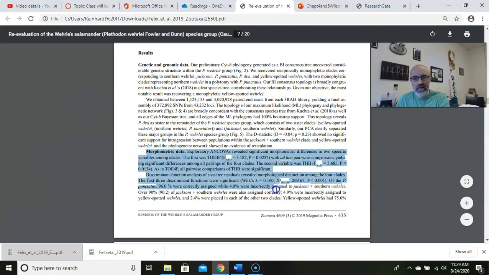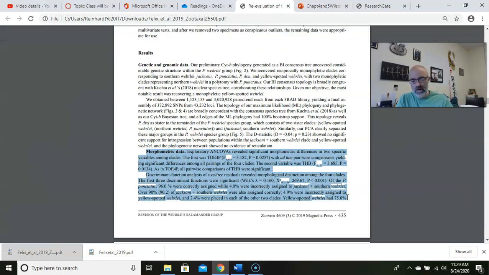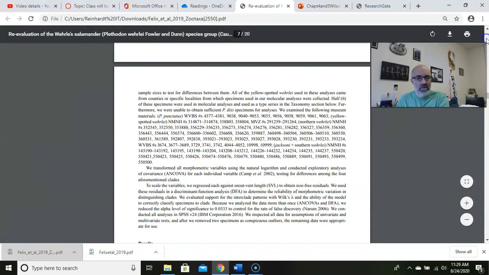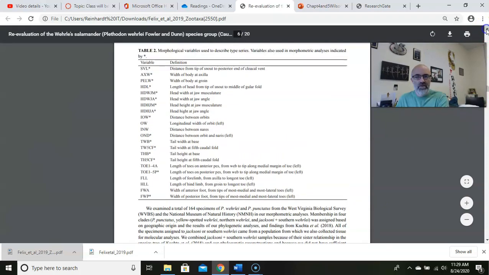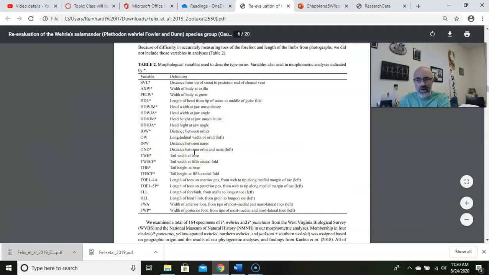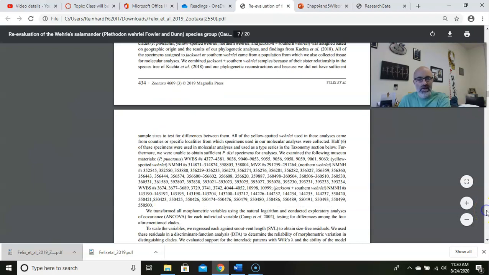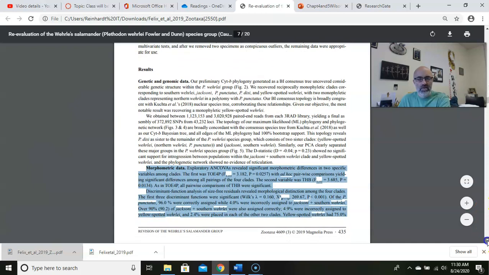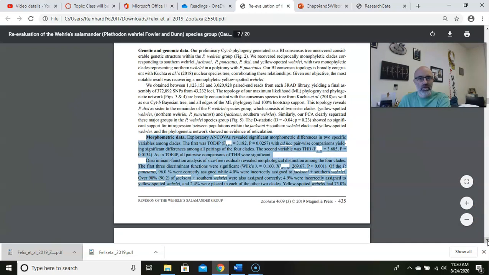The morphometric data, basically the story here, simply says that the groups are different shaped. If I feed into a computer all of the measurements from that table, and for a given individual salamander I tell it its tail width and its length of the hind limb and distance from the snout to the cloaca, it will be able to predict which one of those 5 groups that individual belongs to.